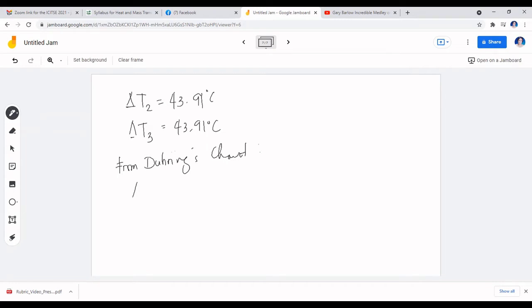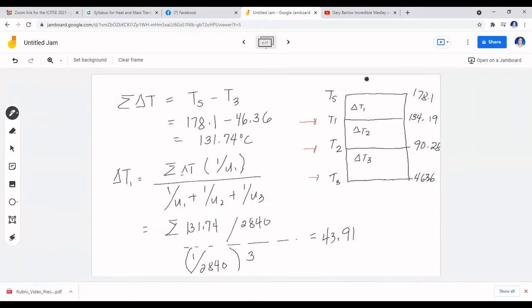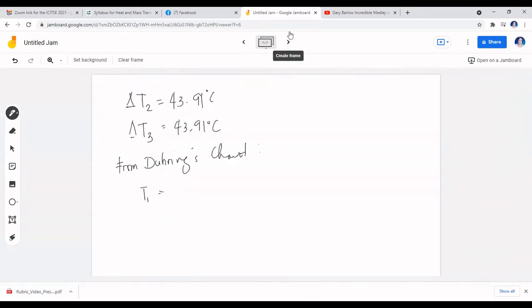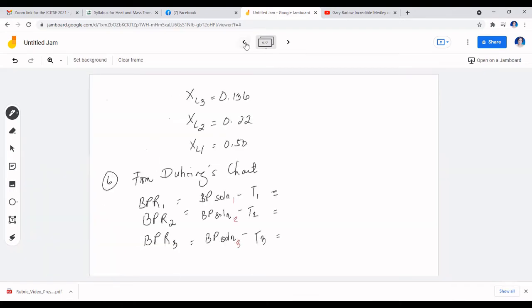Okay, so you will have delta T1, which is T1 only. Your T1 here is 134.19. And you use here, together with this one, the solid content.